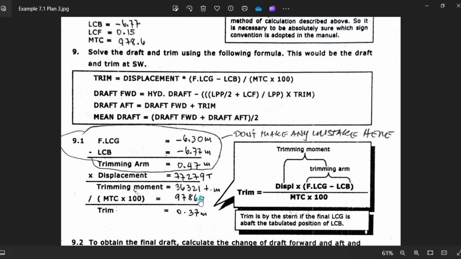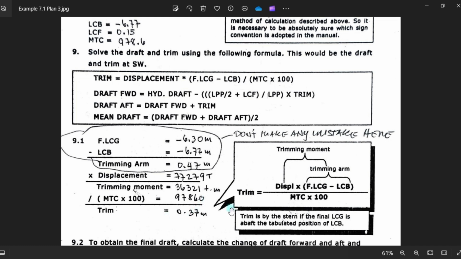Okay, and the resultant will be, because you divide it, 36321 divided by 97861, your trim will be 0.37. So you are trimmed by the stern of 0.37.